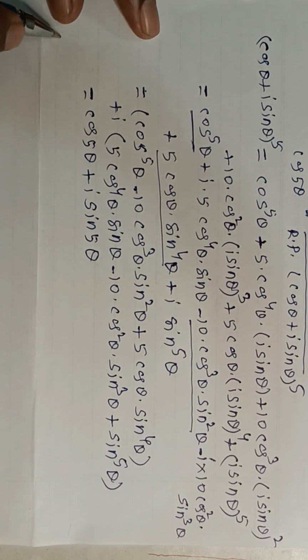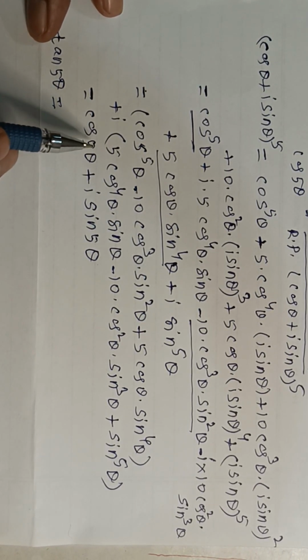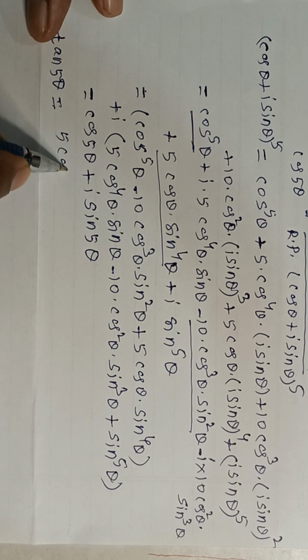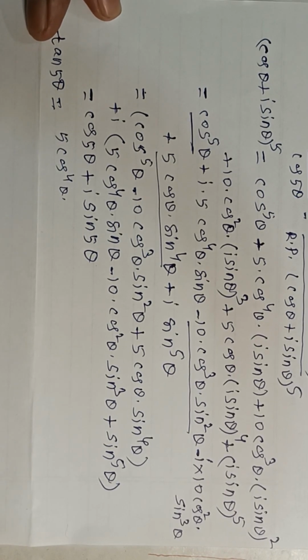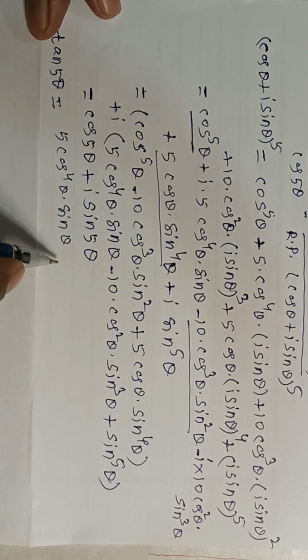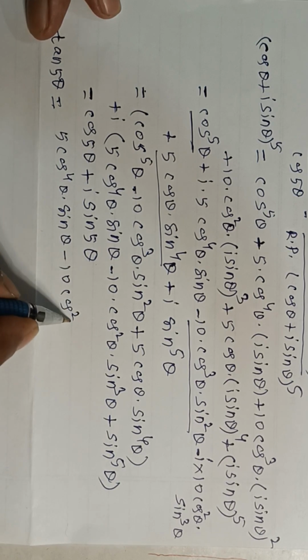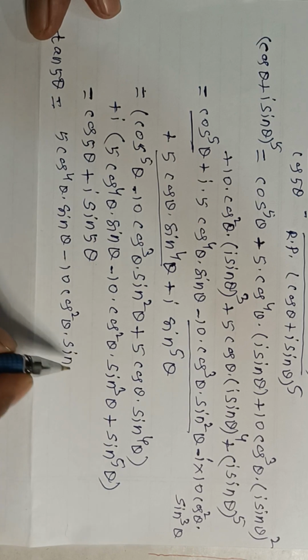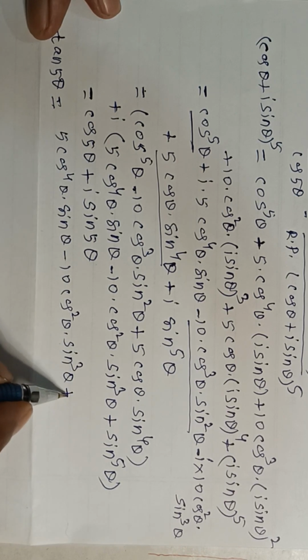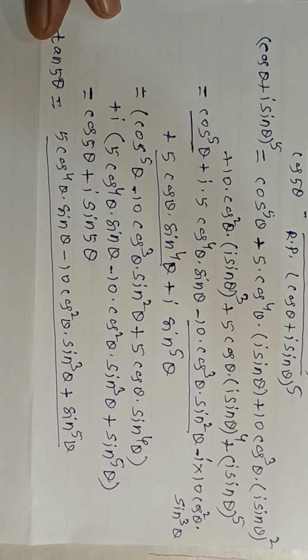Hence, tan 5 theta is sin 5 theta upon cos 5 theta. Sin 5 theta is the imaginary part of this: 5 times fourth power of cos theta into sin theta, minus 10 times cos square theta into sin cube theta, plus fifth power of sin theta, all divided by cos 5 theta.